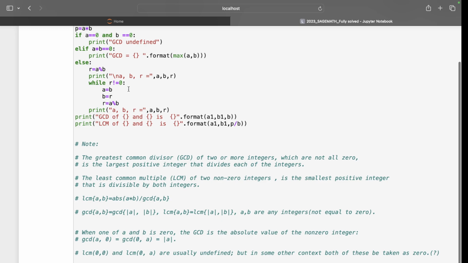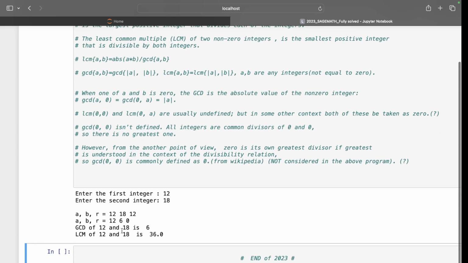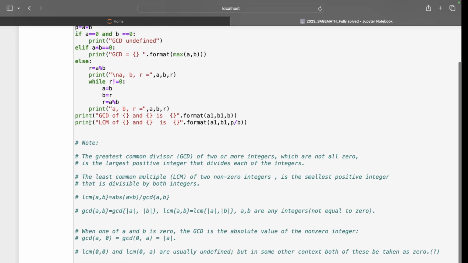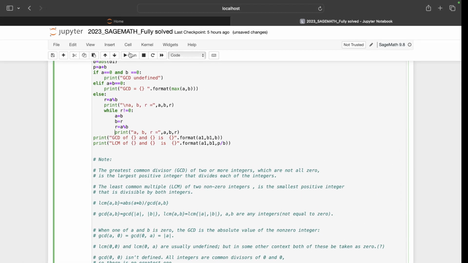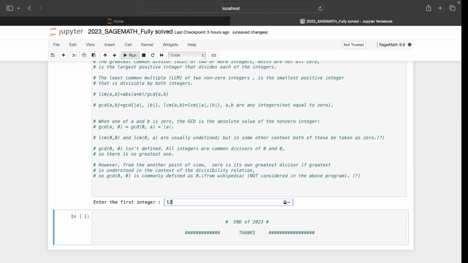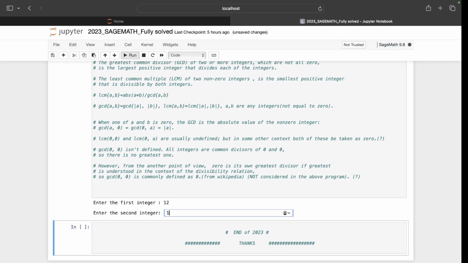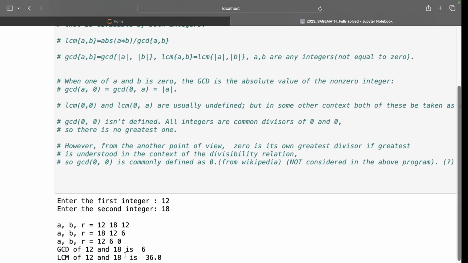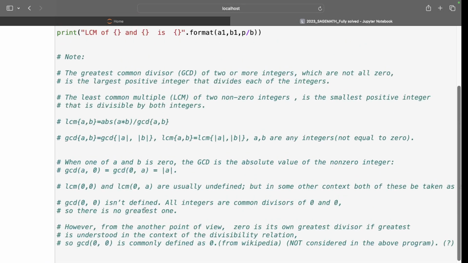A equals B, so the values are 12, 6, 18. The print inside this while loop prints these as we run this program with 12 and 18.